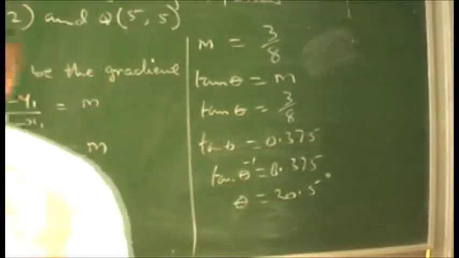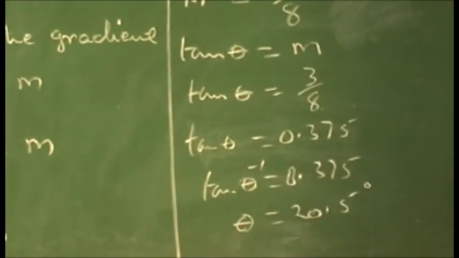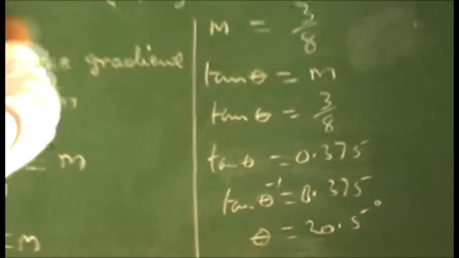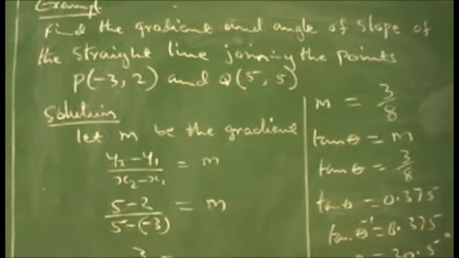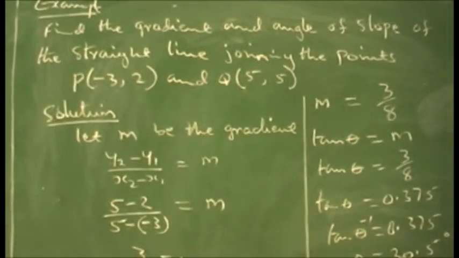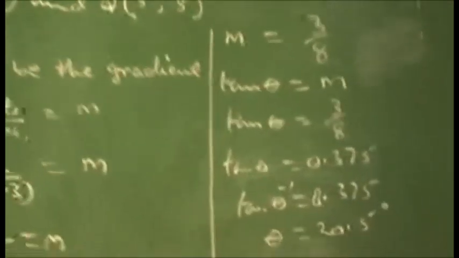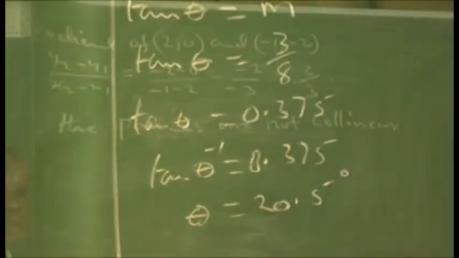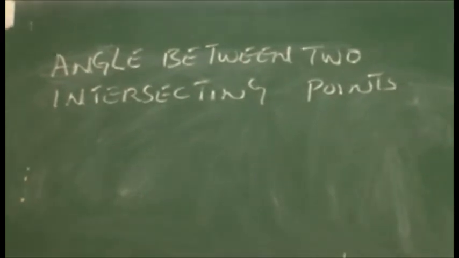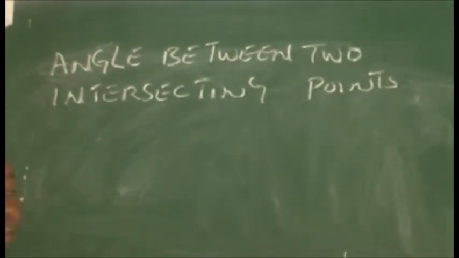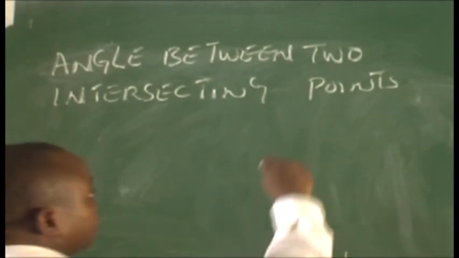So that is the angle that these two points make with the positive direction of x, which is the angle of slope. We are now looking at the angle between two intersecting lines.